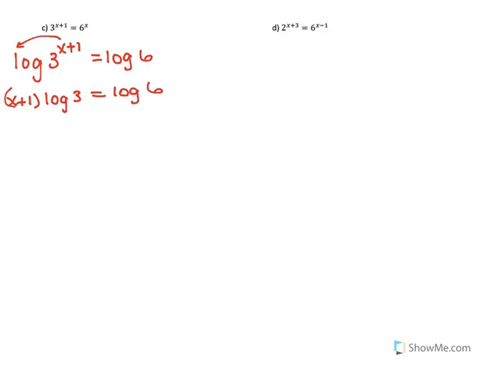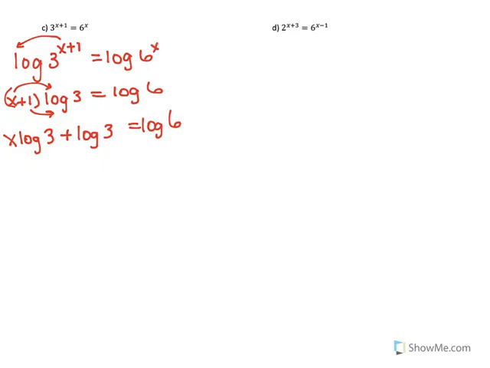Then I'm going to distribute this in. So I'm going to have x log 3 plus 1 log 3 equals log 6. From here, I'm going to isolate my x values.